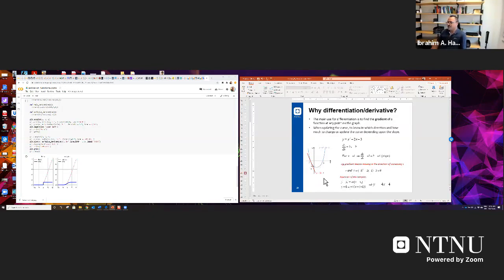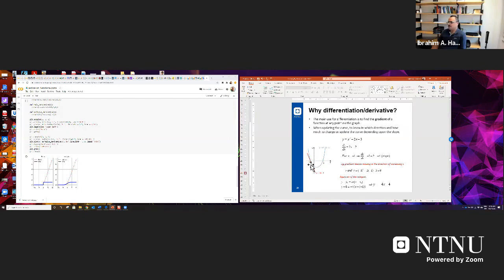So now I want to find the equation of this line. At x equal minus 1, I find the slope at that point, right? But I want to find the intercept with y.